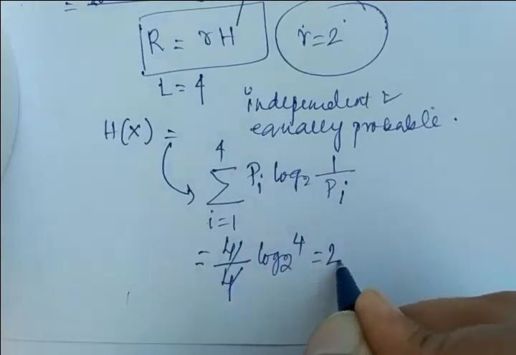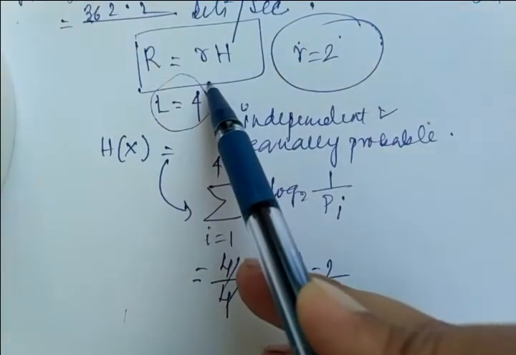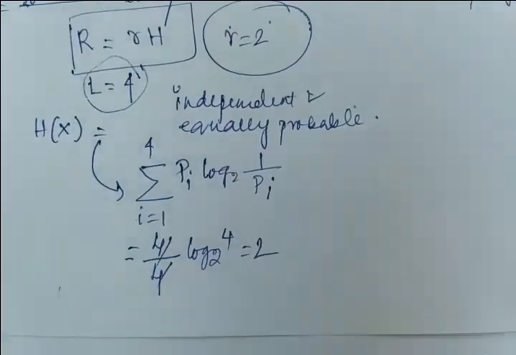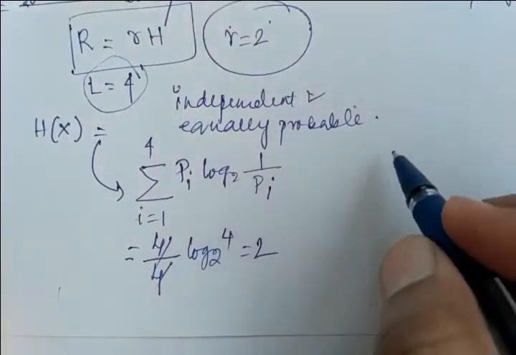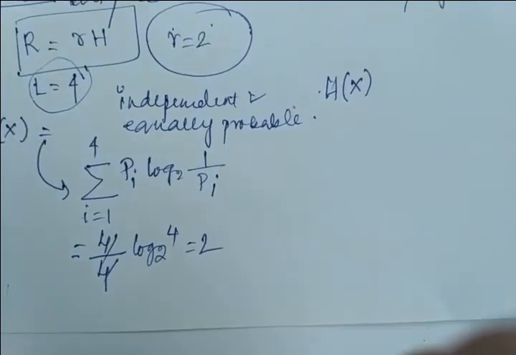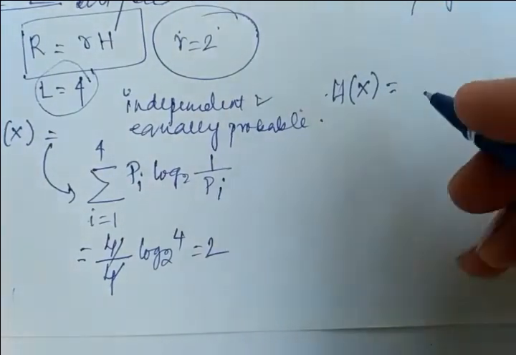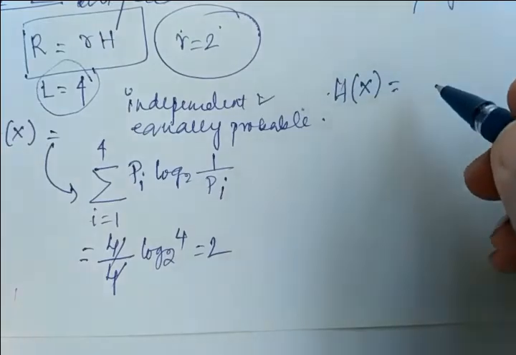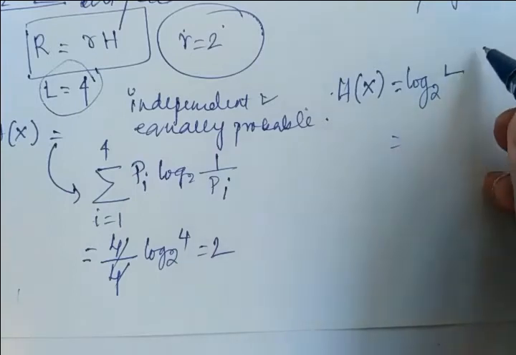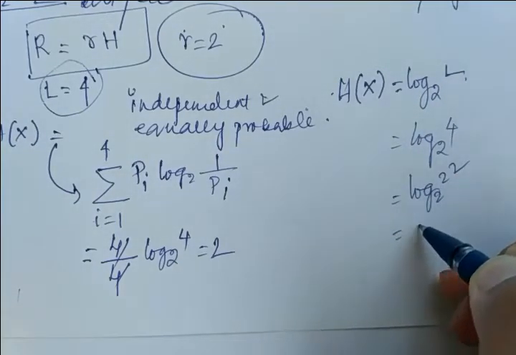So that is nothing but 2. You can also easily calculate H(X) from the value of L. What is the relation between H(X) and L? I have already said it in my previous practice set, and I am saying the formula again, as this will save your time in examinations. H(X) is nothing but log 2 L. With L equal to 4, log 2 4 is log 2 2 squared, so nothing but 2.